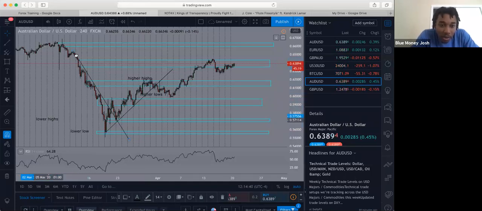So now this one is lower highs, lower lows. Came down, new lower high, then dropped again, lower low. Came down, lower high, lower low, lower high, and then lower low down here before it went up to this next lower high.